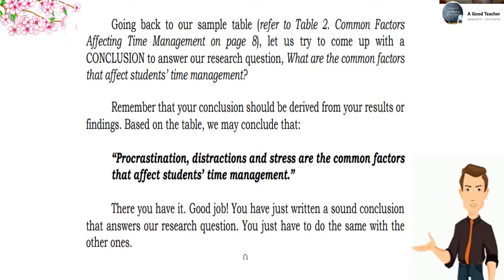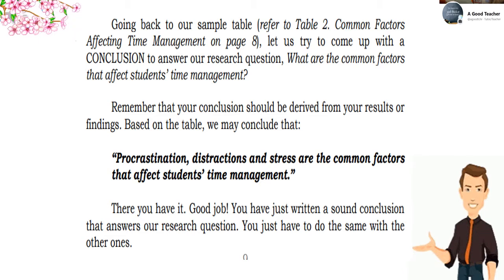Going back to our sample table, refer to Table 2, common factors affecting time management, on page 8. Let us try to come up with a conclusion to answer our research question. What are the common factors that affect students' time management? Remember that your conclusion should be derived from your results or findings.